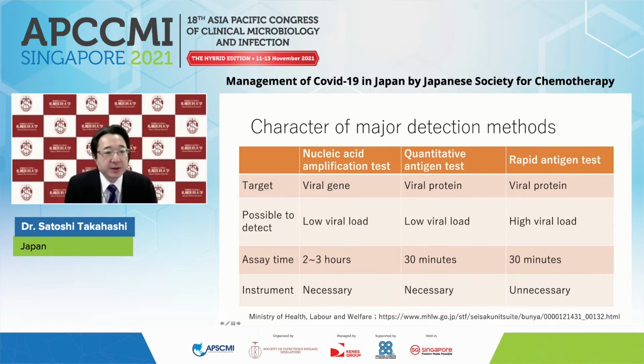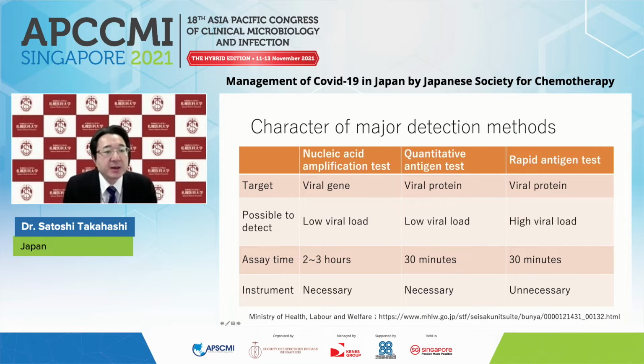The target of NAT is the viral gene, and the antigen test target is viral protein. NAT is able to detect a lower viral load, but rapid antigen test is able to detect only a high viral load. The assay time is different among these three methods.